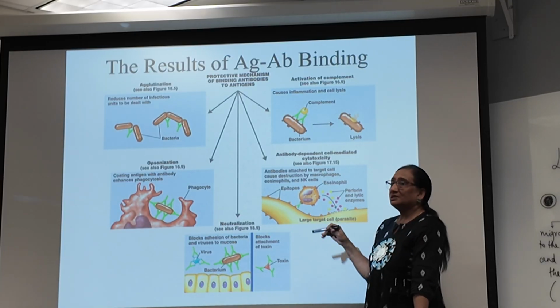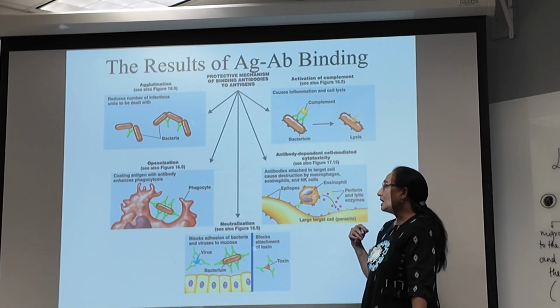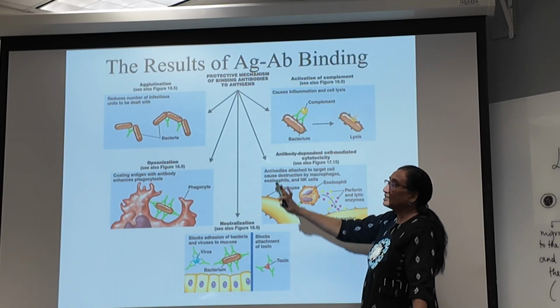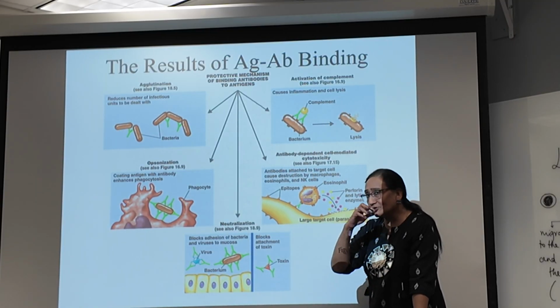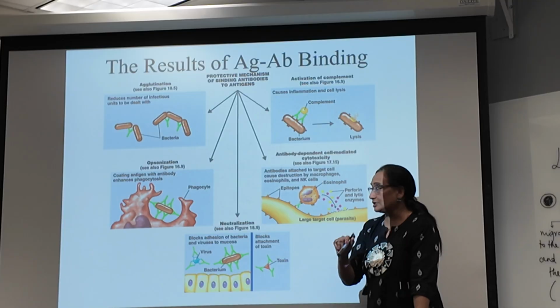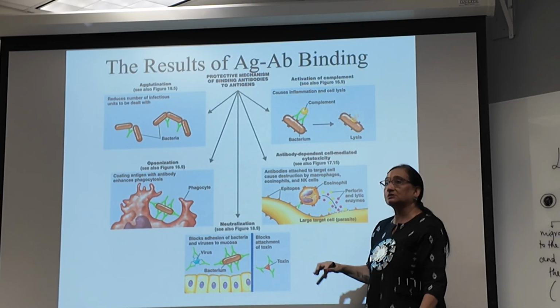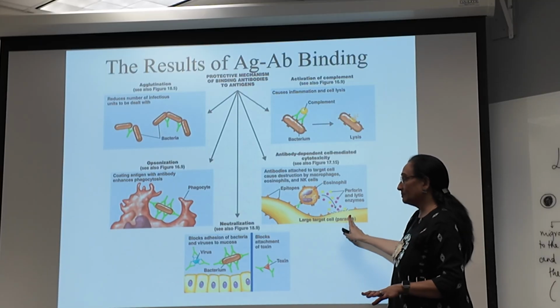Each type of antibody is different, and how it functions in a particular infection is different, but this is the general mechanism. Looking at the overall picture, they can directly cause cytotoxicity, meaning they can destroy the cell.